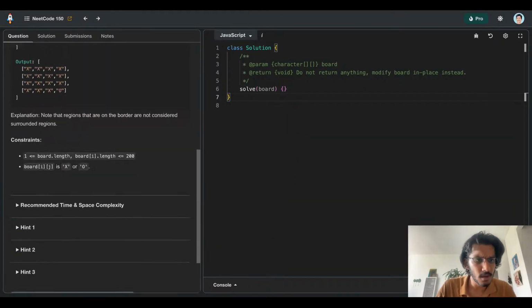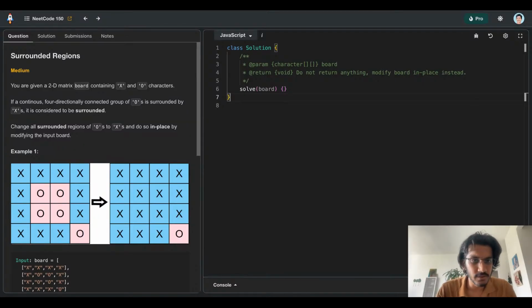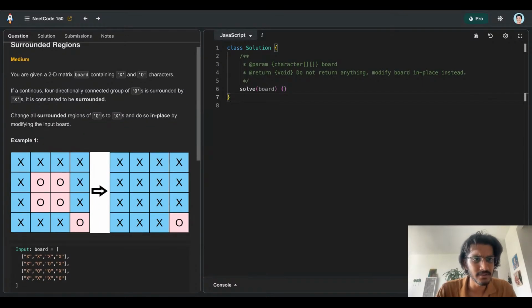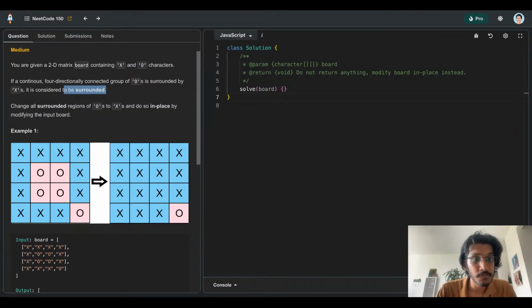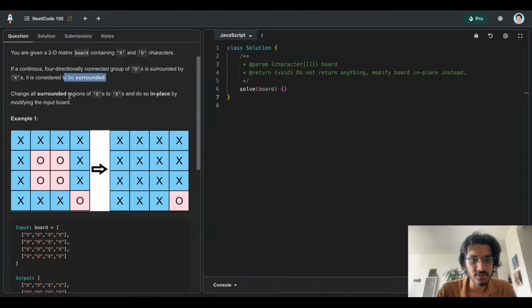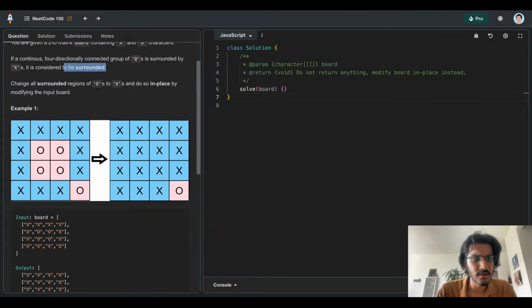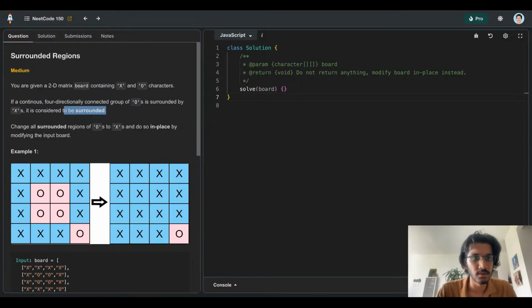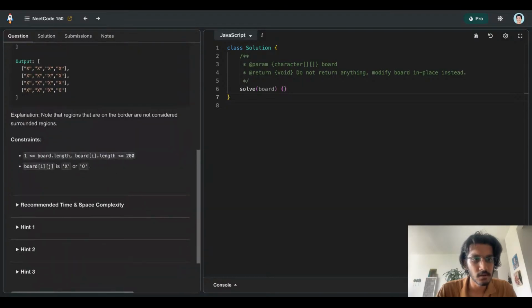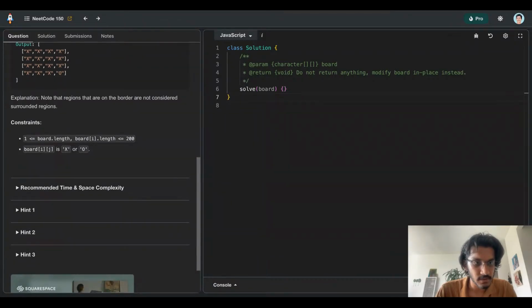Okay, I'm going to have to read that again. 4-directionally, okay, I think that means a square. Note that regions that are on the border are not considered surrounded regions. Great.